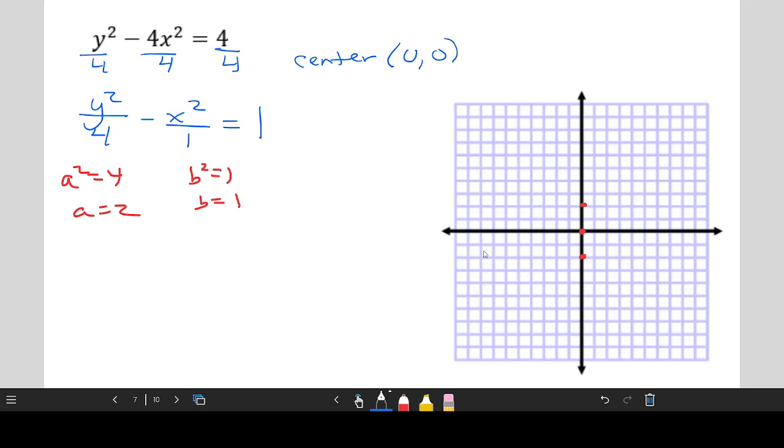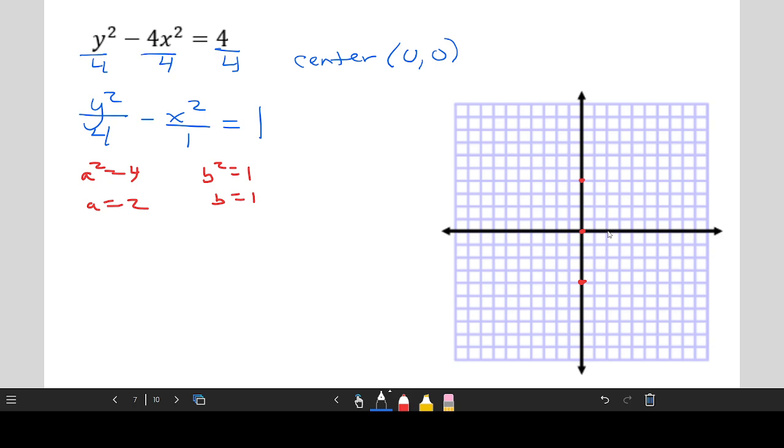I am going to take a moment and redraw this so that I'm scaling by a half just to give myself more space. So I've got this point at 1, 2, and I've got this one at 1, 2 below the center.